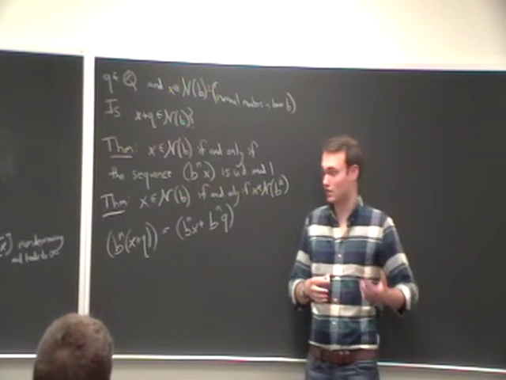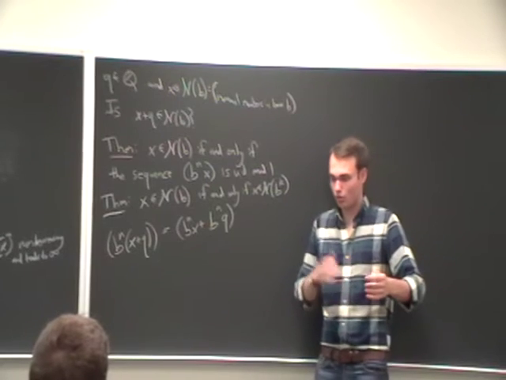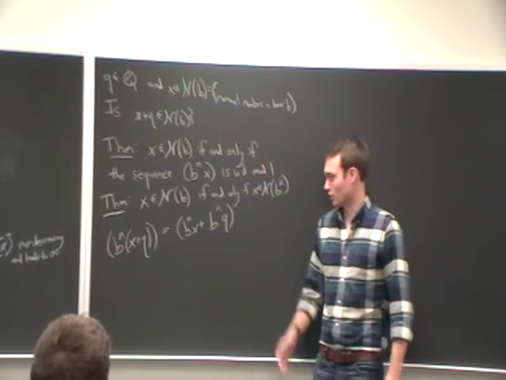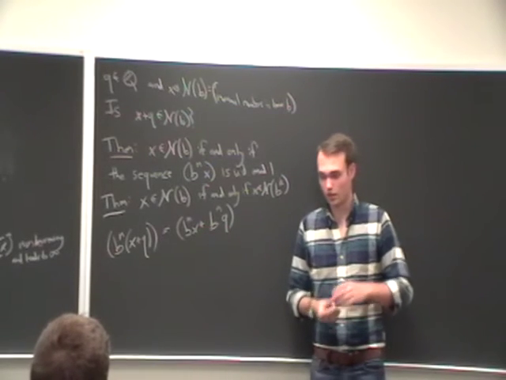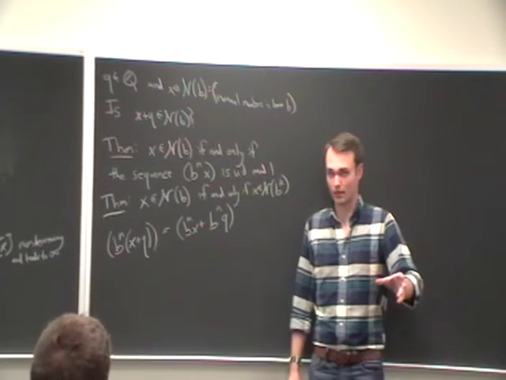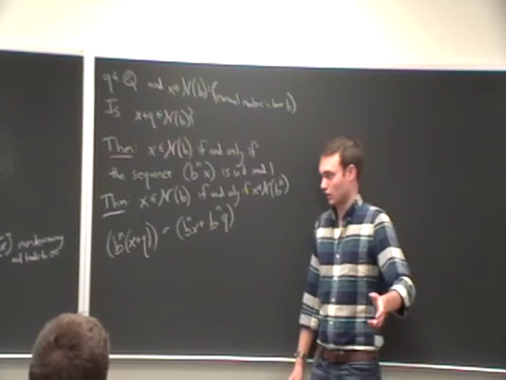Now, a priori, that's not enough to say that this sequence itself is uniformly distributed mod 1. For example, you can take the periodic sequence 0, 1 half, 0, 1 half, 0, 1 half, and so on, and take some uniformly distributed sequence, which on even positions is in the interval 0 to 1 half, and on odd positions is in the interval 1 half to 1.